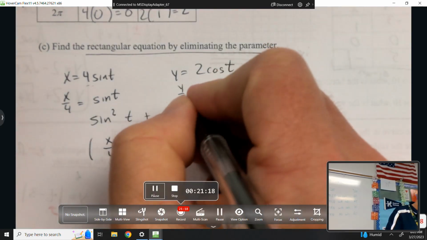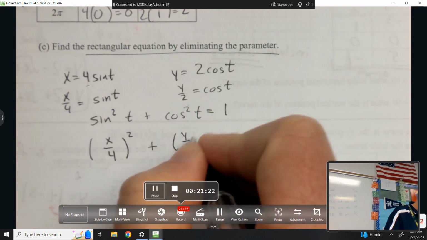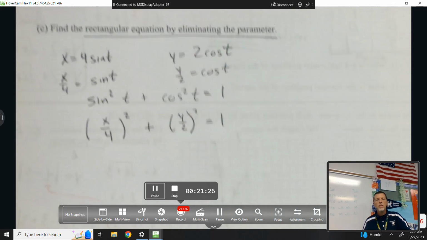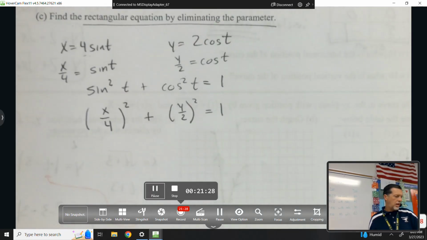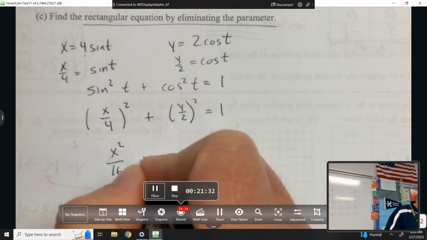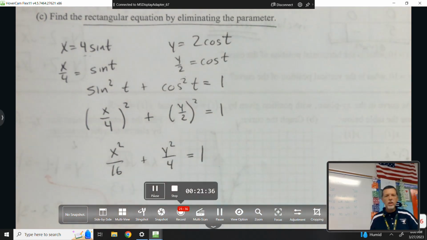Y over 2 would go in for cosine. And then if we squared all of those, x squared over 16 plus y squared over 4 equals 1.